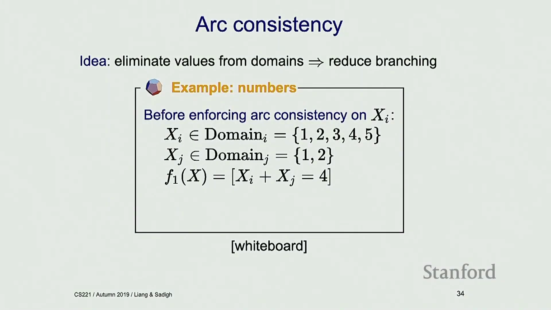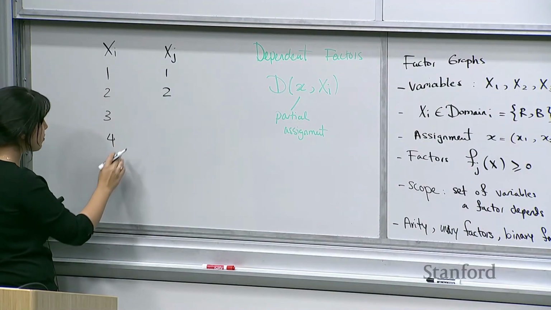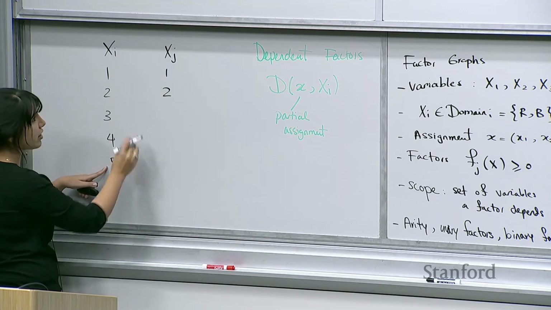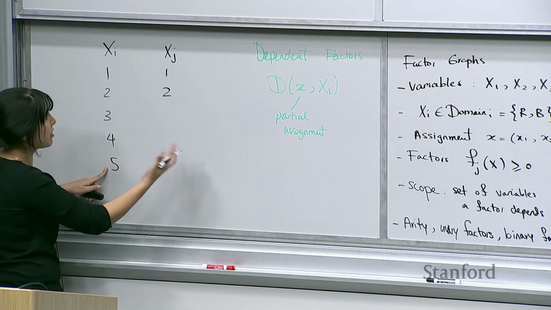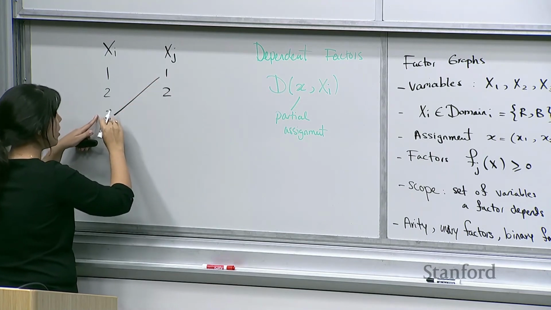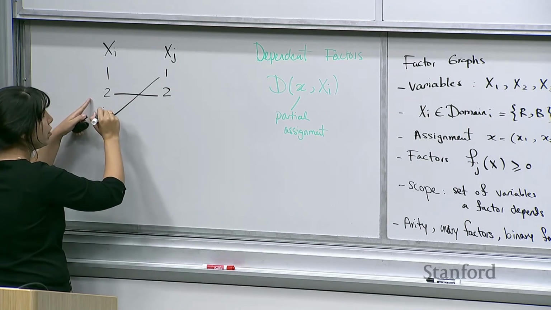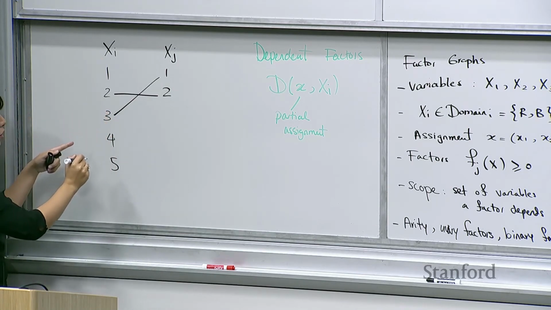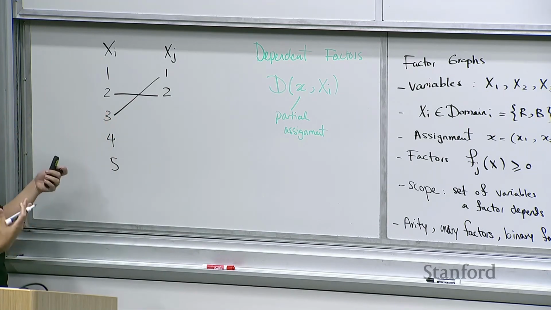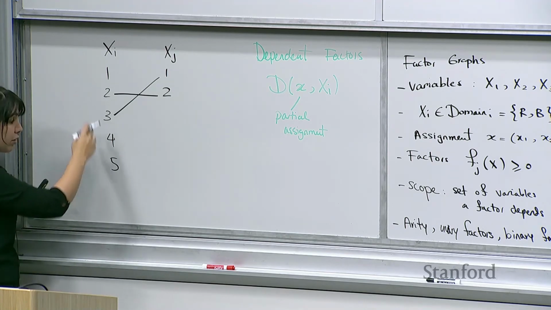I don't really need to worry about all these values in xi, because the constraint tells me 5 never works, since xi plus xj has to be 4. This one is not going to work either. The only way for things to work is 3 plus 1 and 2 plus 2. So the only values I actually need to worry about for the domain of xi are 2 and 3, not 1, 2, 3, 4.